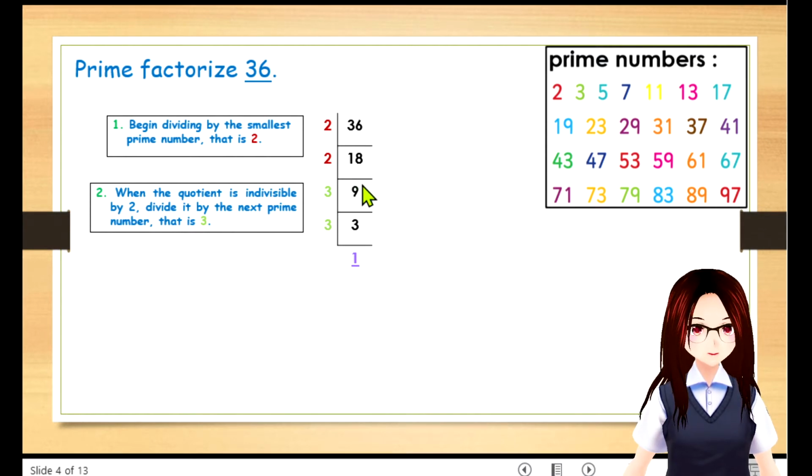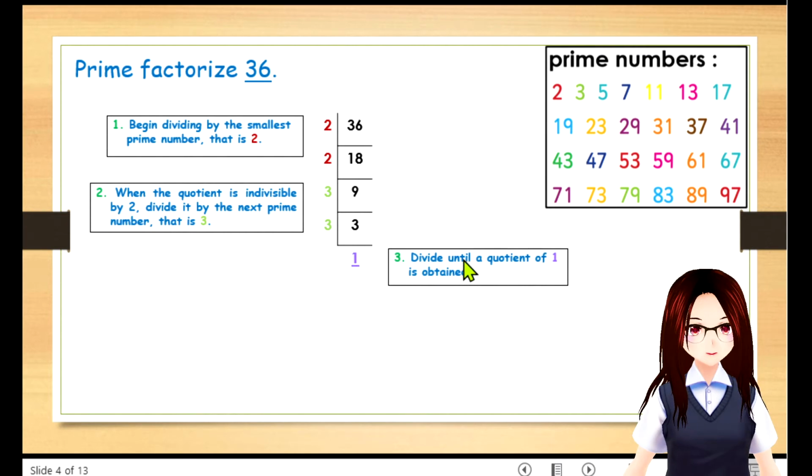So 9 divided by 3 equals 3. And then again, 3 divided by 3 equals 1. So divide until a quotient of 1 is obtained. So now we obtained our quotient 1.